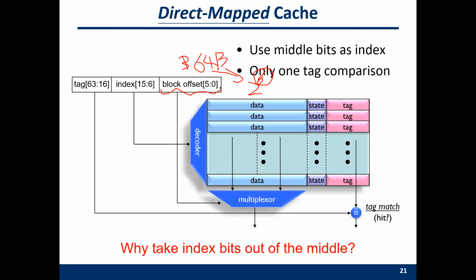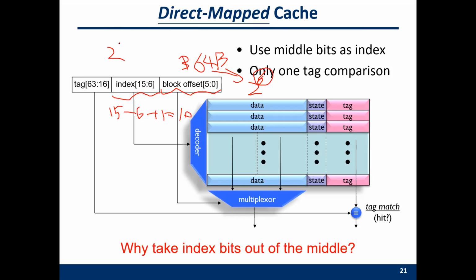And we have an index here. The index is the index for the blocks, for the cache line. Here we have 15 minus 6 plus 1, which is 10 bits.